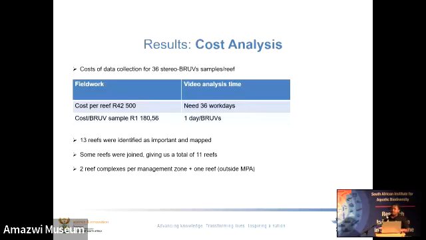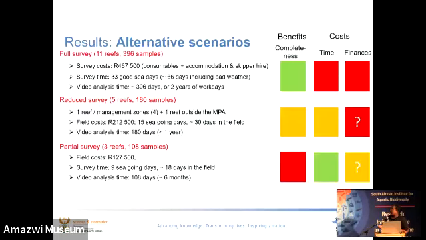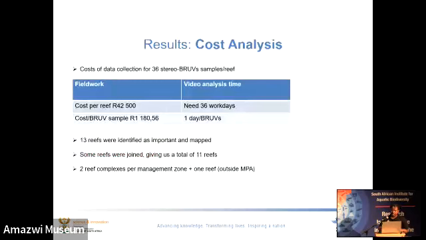What we did was to identify and map 13 reefs. Following that, some of the reefs were joined, giving us a total of 11 reefs and two reef complexes per management zone, plus 1 reef outside the MPA.